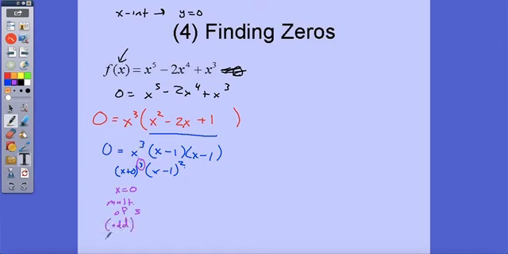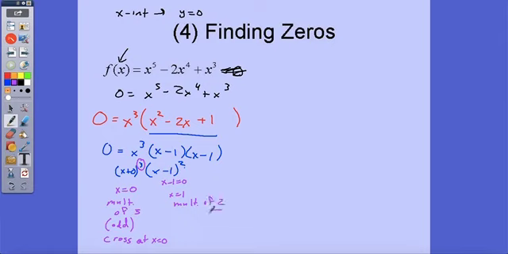So when we go to graph it, it's going to cross at x equals 0, because it was an odd multiplicity, this 3 right here. For the x minus 1, I set that equal to 0, add 1, and I get x equals 1. But because there were 2 of those factors that led to that, it's a multiplicity of 2.